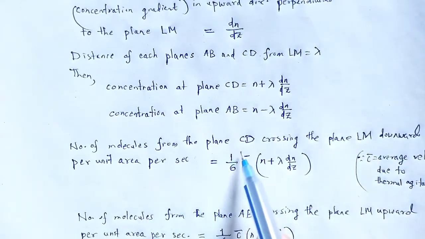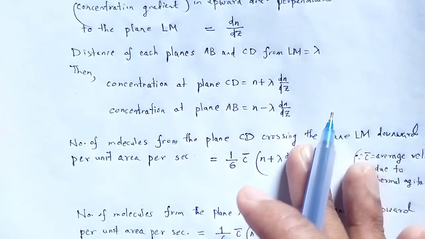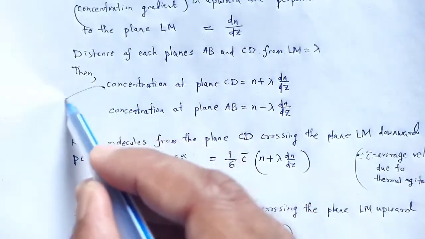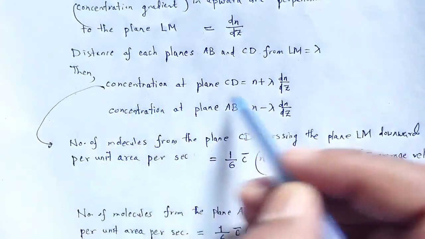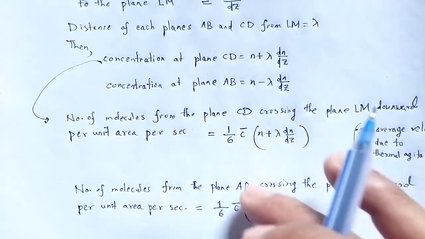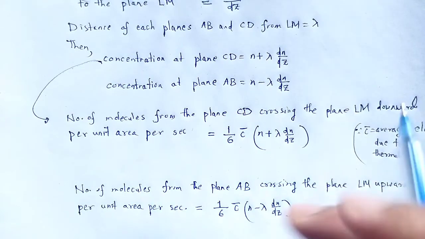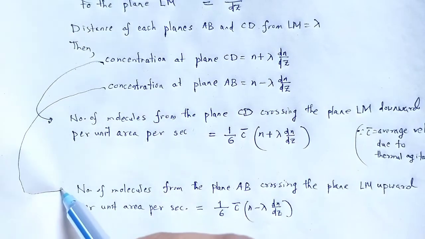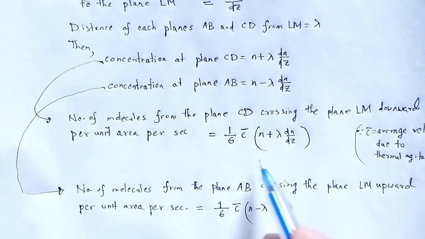This is the downward, this is the upward. This is the number of molecules passing through the plane LM downward, using that equation as concentration at plane CD, and again the number of molecules from the plane AB crossing the plane LM upward per unit area per second, using that concentration term here.